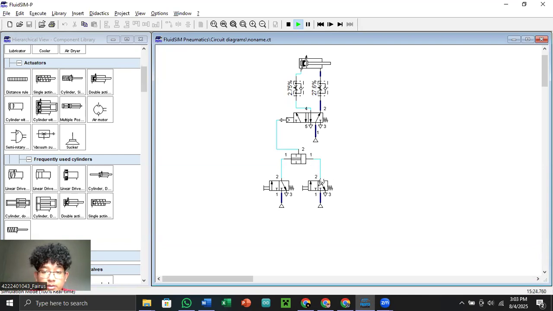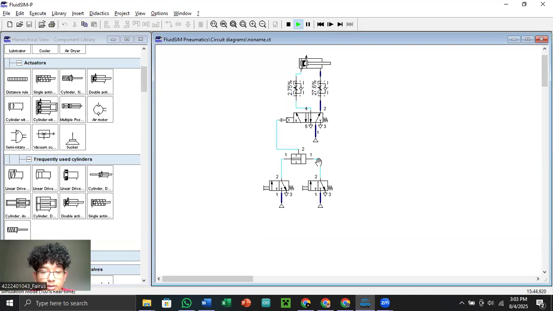So if I press only one button like this, the cylinder does not work. Also note this two pressure valve is an AND valve.